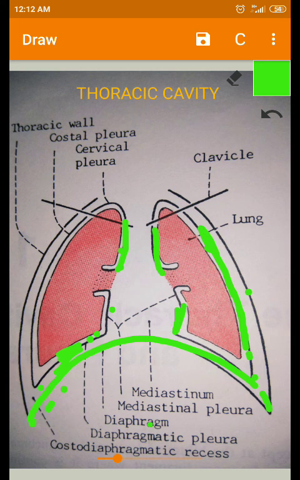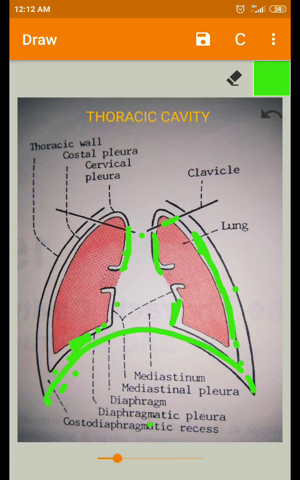And the apex of the lung, that means above the clavicle, this apex is entering into the root of the neck. So this part is called the cervical pleura. The part of the lung which enters into the root of the neck, which is covered by the pleura, such pleura is called the cervical pleura.